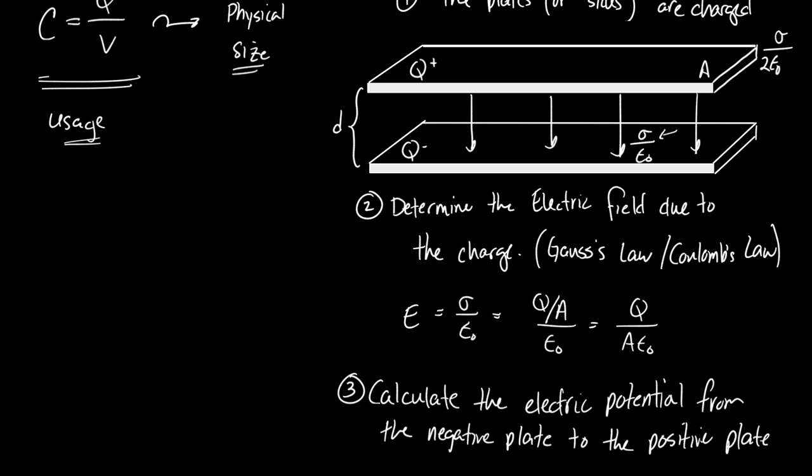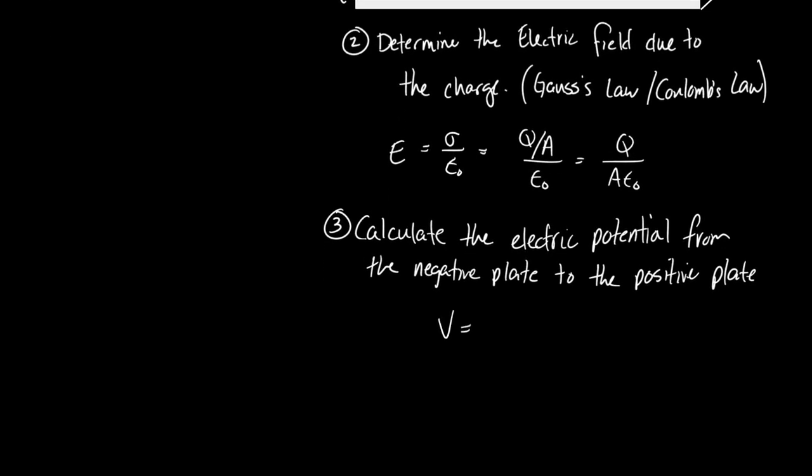Step 3 is to calculate the electric potential from the negative plate to the positive plate. This will be using V equals minus the integral E dot dr to go from the negative plate to the positive plate.